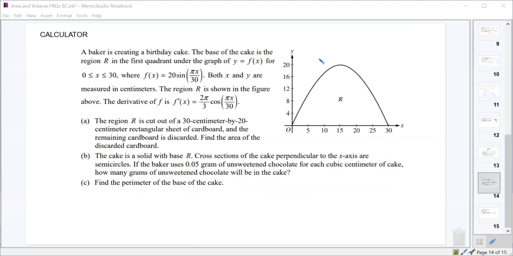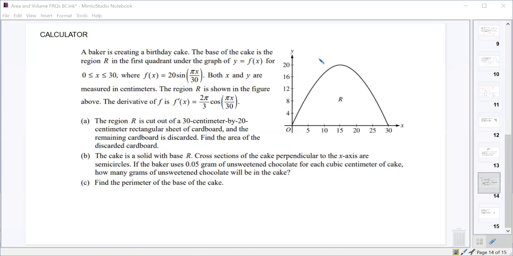All right. Okay, now we've got the baker. We're creating a birthday cake. Hooray! Somebody's birthday. All right, so we have the region R. It's cut out of a 30 by 20 centimeter rectangular sheet of cardboard. What a delicious cake made out of cardboard. And we discard the remaining cardboard.